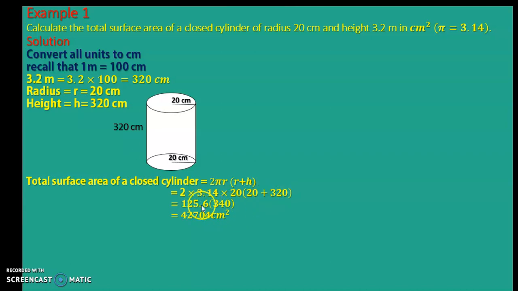So multiplying this by this will now give us our total surface area of a closed cylinder to be 42704 centimeter square. Now let's quickly take the second example.